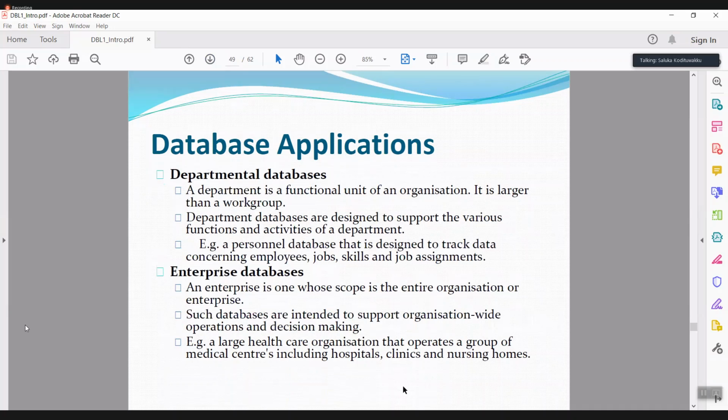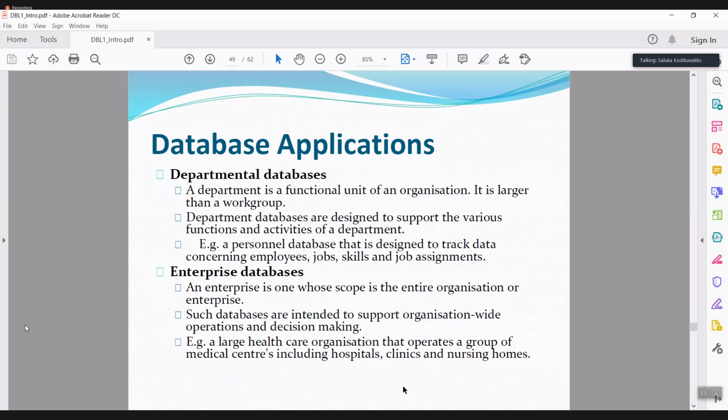And this next one is the departmental database. Usually this departmental database is created to share data and information among members of a particular unit of an organization. A unit of an organization means it is bigger than the work group.